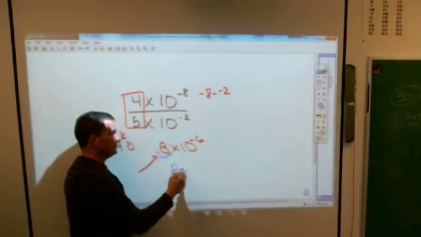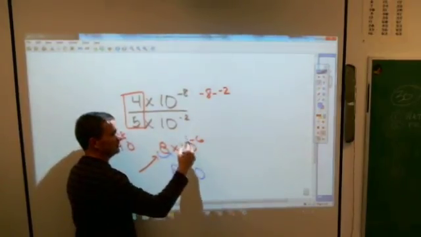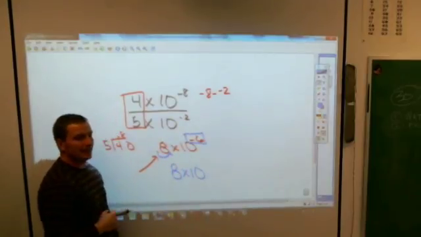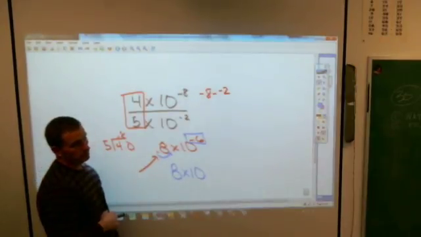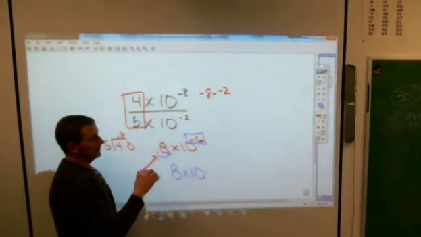But if I change this number, my exponent has to change. What do I do to that exponent? Subtract 1 from 6. And you get? Negative 5. Now, maybe this is a way to remember it. What did I do to this?